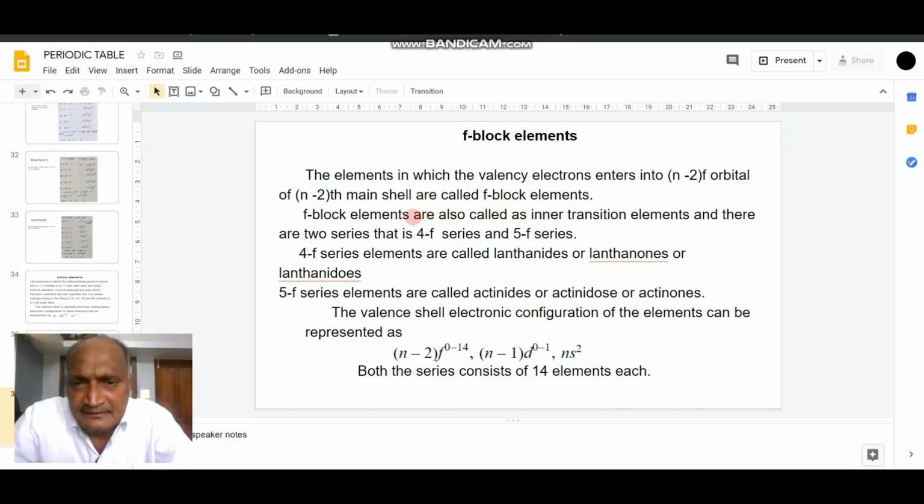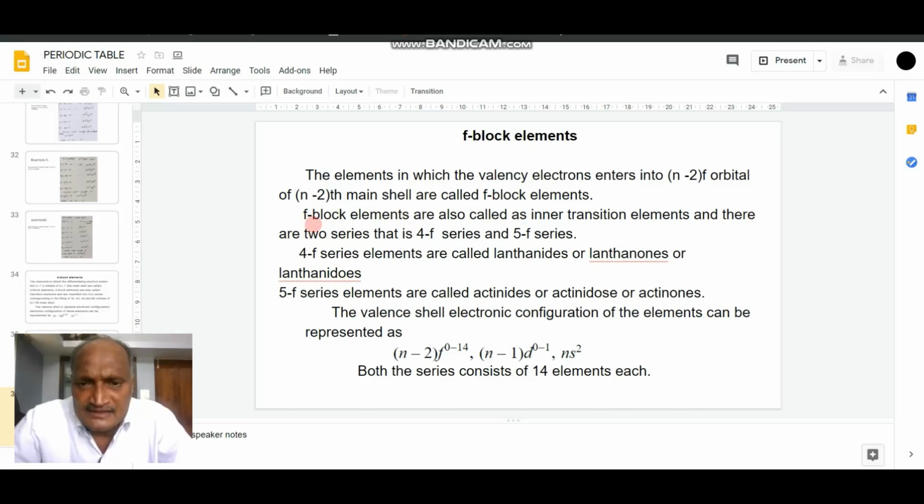According to the definition, the elements in which the valency electron enters into the (n-2)f orbital of the (n-2)th main shell are called f block elements.